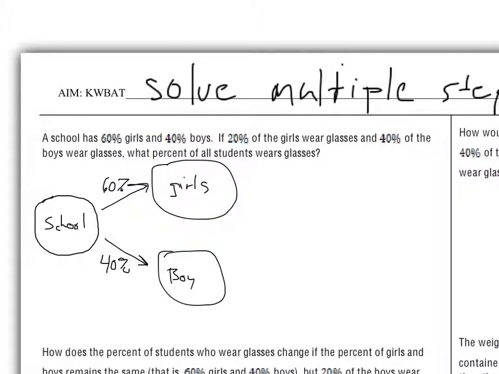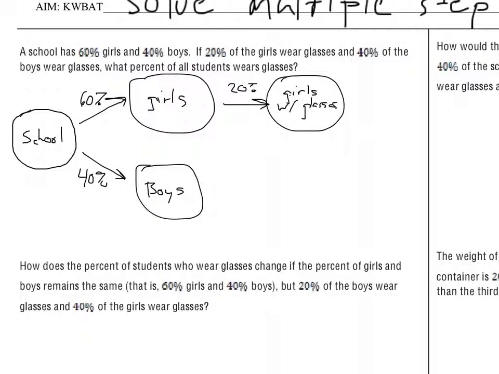And of those girls, 20% wear glasses. So this is girls with glasses. And this over here is boys with glasses. And there are 40% of the boys that wear glasses.